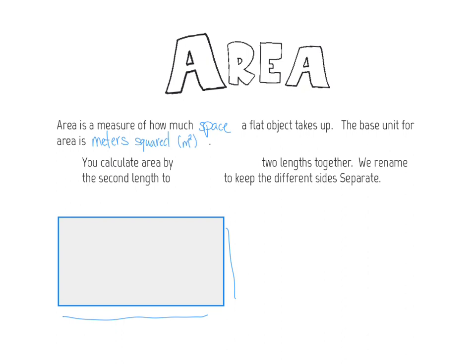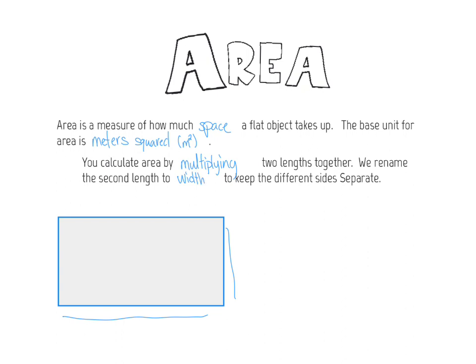You can calculate the area by multiplying 2 lengths together. And we name the second length the term width to keep different sides separate.